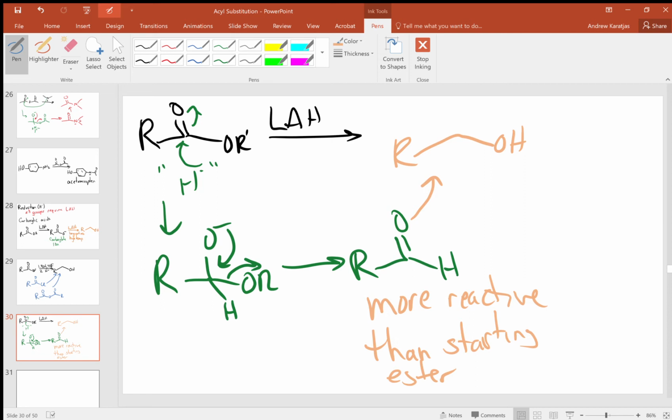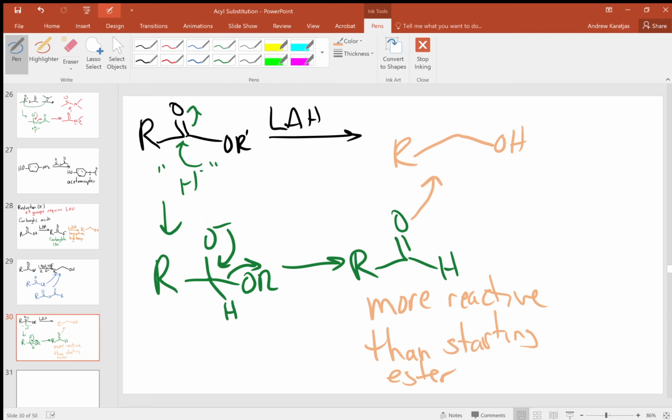But what if we wanted to have this selectivity? What if we wanted to be able to stop this reaction at the aldehyde instead of always going both steps to the alcohol? Is there a way to do that? And with LAH, the answer is generally going to be no.